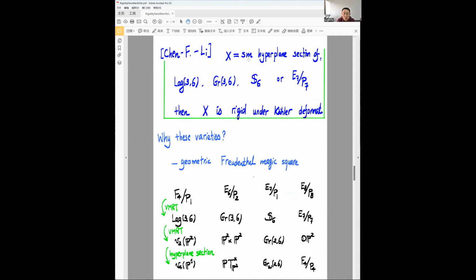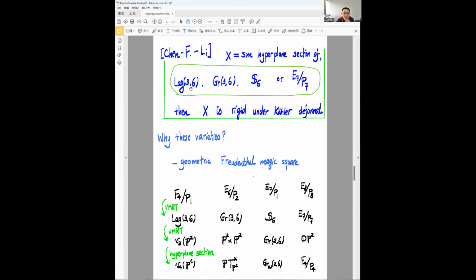We studied the Picard number 1 case. So the wonderful compactification of G has a higher Picard number, and then this is the Picard number 1 case. But we restricted to some very special varieties. These are 4 special ones which are rational homogeneous.